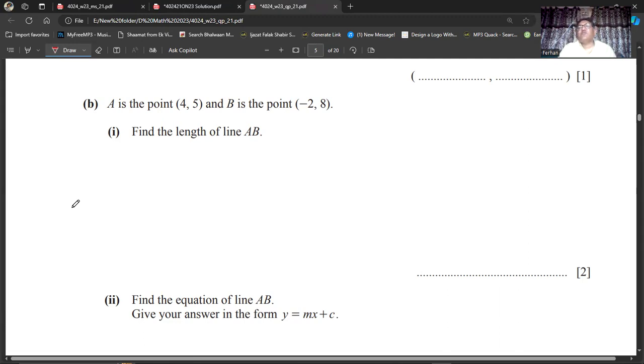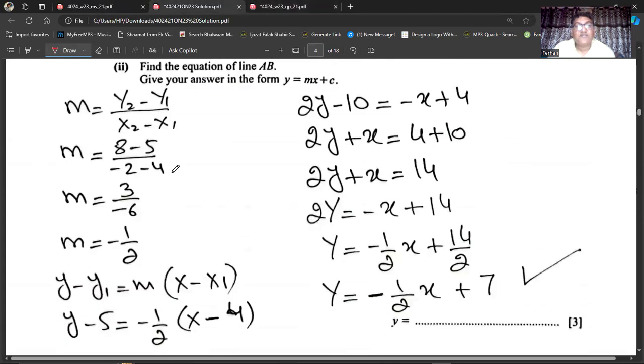The formula is y2 minus y1 divided by x2 minus x1. Once I know the gradient, then to find the equation, y minus y1 equals m bracket x minus x1. So I will use one of the formulae.